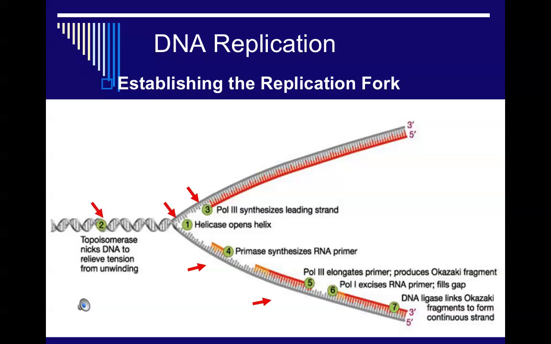Now, if we take a look at the left side, notice that it says topoisomerase nicks DNA to relieve tension from unwinding. Now, a topoisomerase is an enzyme that's responsible for either introducing supercoiling or relaxing supercoiling. And what is supercoiling?